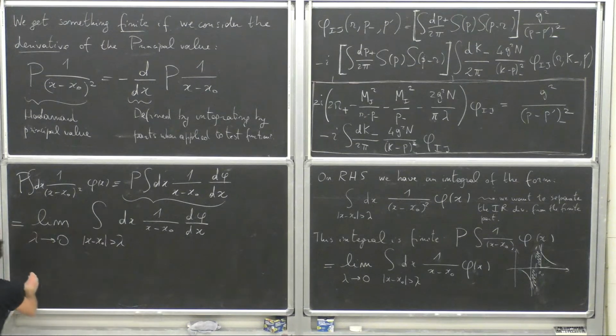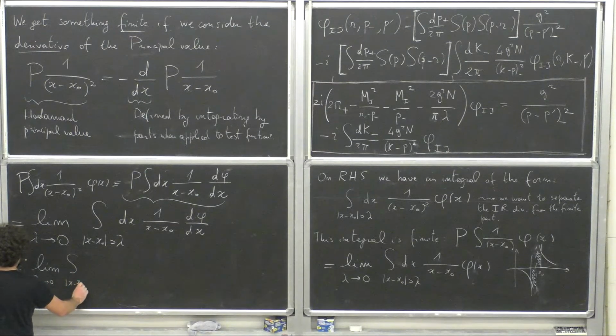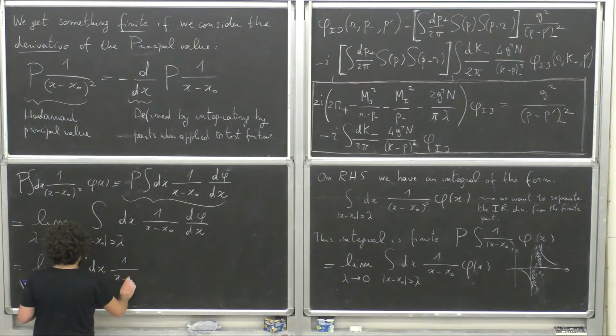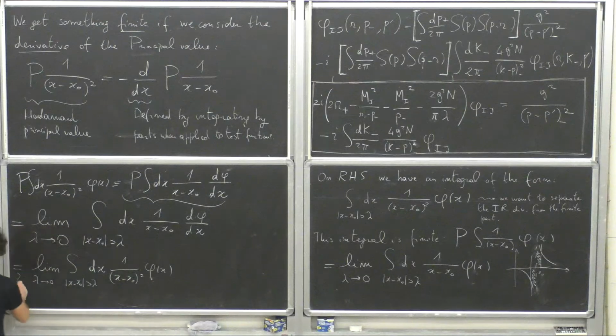So if you do this calculation, you're gonna get that this is equal to the limit for lambda going to 0 of the integral of, so here we are skipping some steps, but you can fill in the calculation here. It's not hard.